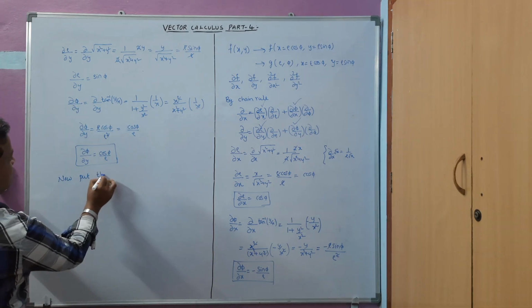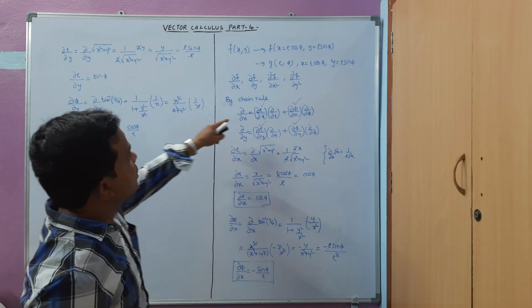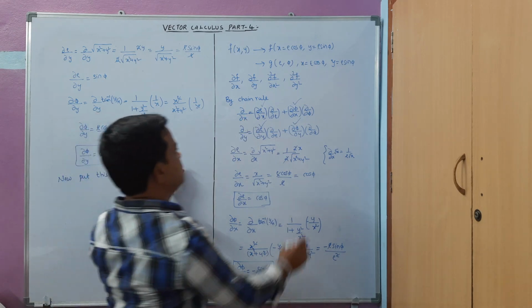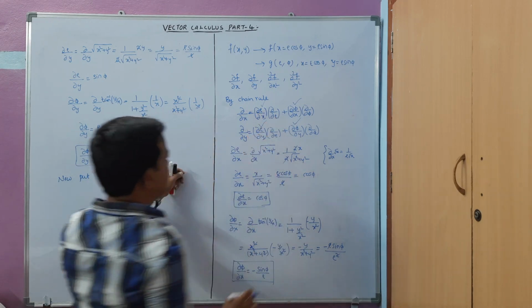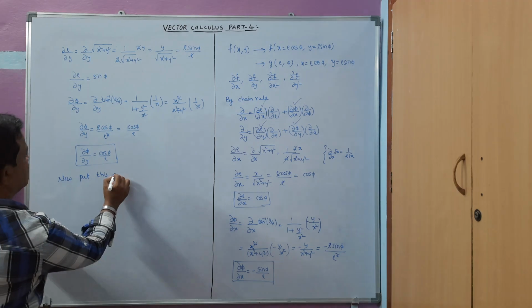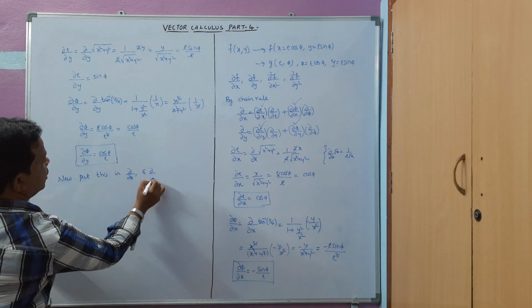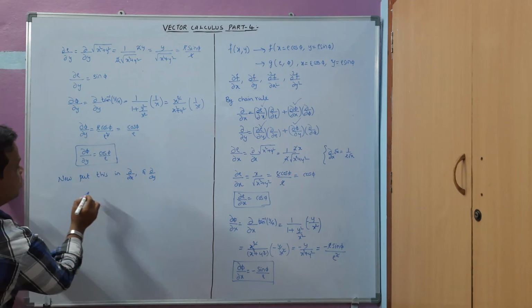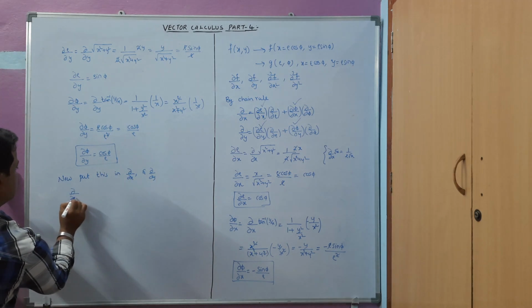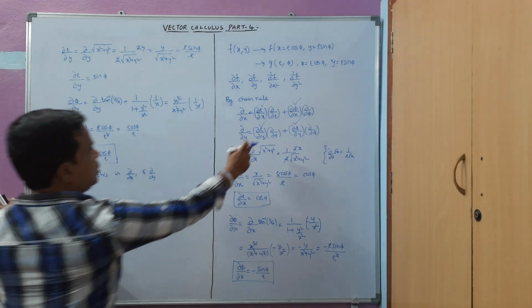Now put this in the equation, that is, let us take this as dou by dou x and dou by dou y equations. Okay, put this in dou by dou x and dou by dou y. We get, so first I will take dou by dou x. Dou by dou x is equal to what? So I have got dou rho by dou x.